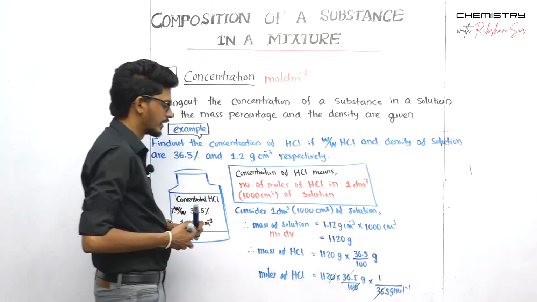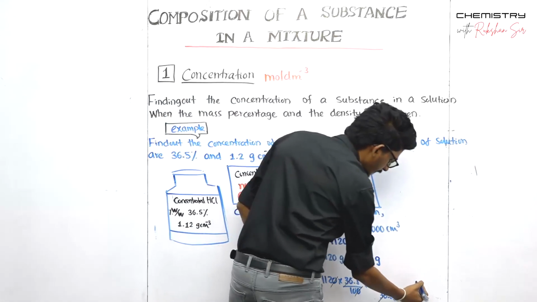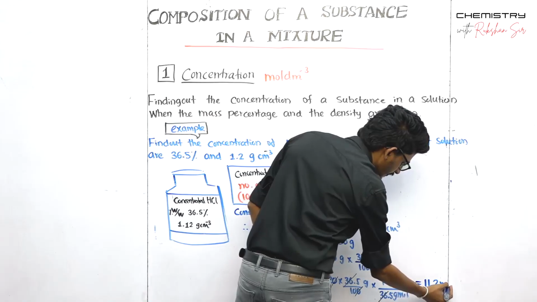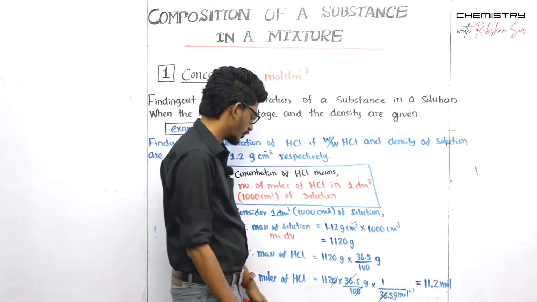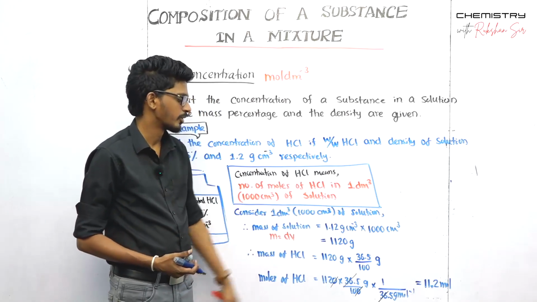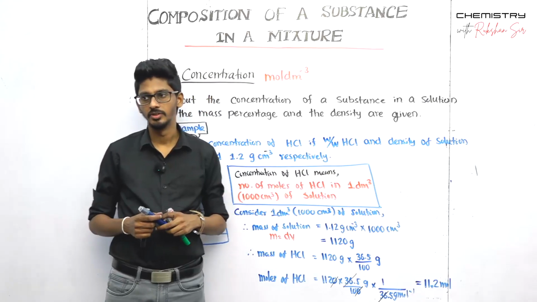This is going to be 11.2 moles. So the moles of HCl in 1 cubic decimeter of the solution is 11.2. That means your concentration is 11.2. Right?